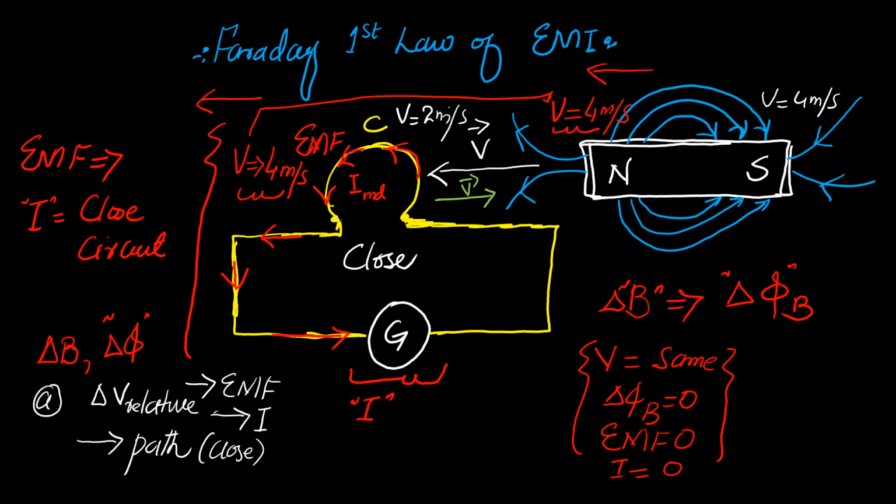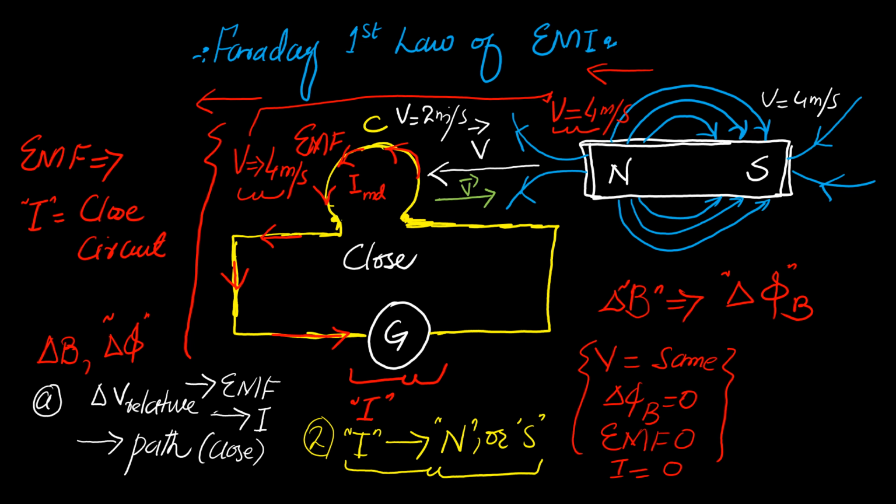Another important point to notice here is that the direction of induced current will depend on the direction of the north or south pole. They play a vital role in whether the current will flow clockwise or anti-clockwise.